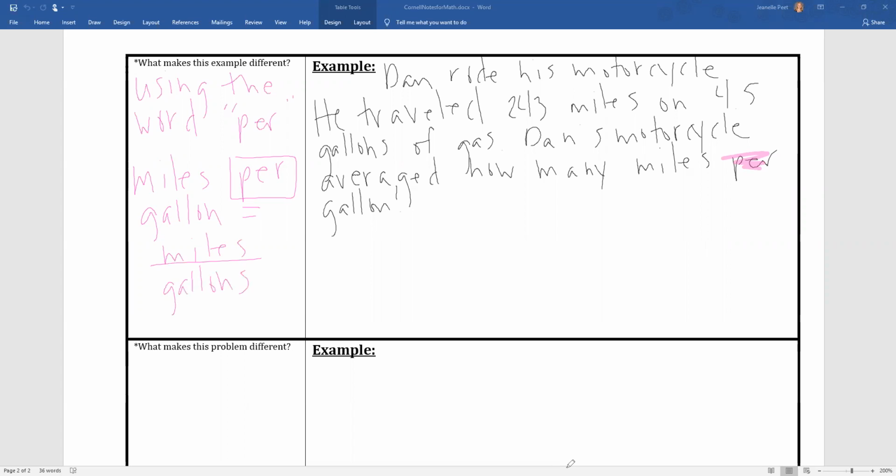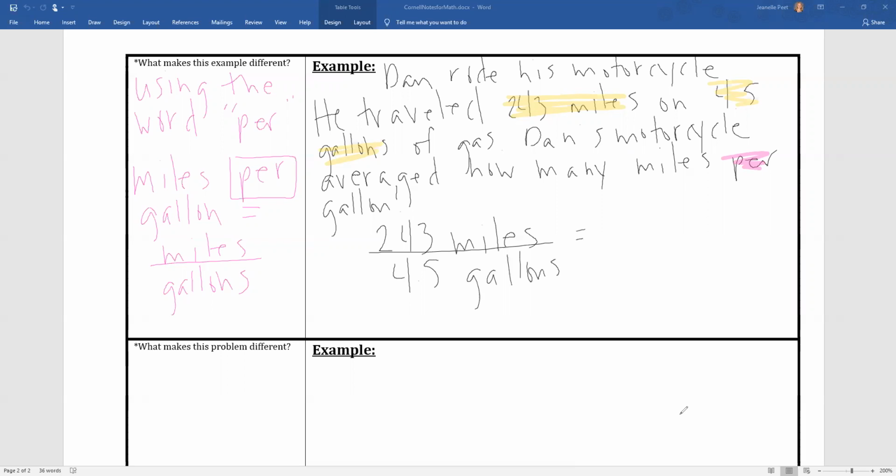Okay, so when I go and calculate that, I'm going to take 243 miles. Oh, I forgot to highlight my important information. Sorry, get your highlighters out. Here's my miles. Here's my gallons. Okay, so now I know what I'm plugging in. 243 miles over 4 5/10 gallons.